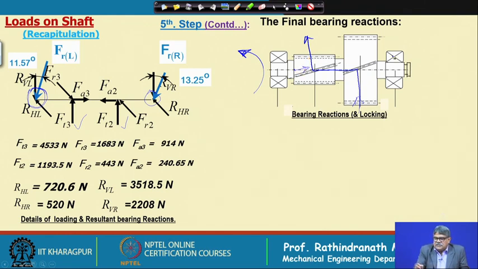Here, if this is the direction and load is coming from this side, then axial load will be in this direction, and they will oppose each other. And from there we have also noted down the radial loads in these directions. So the final direction will be in this direction, as this value is higher.